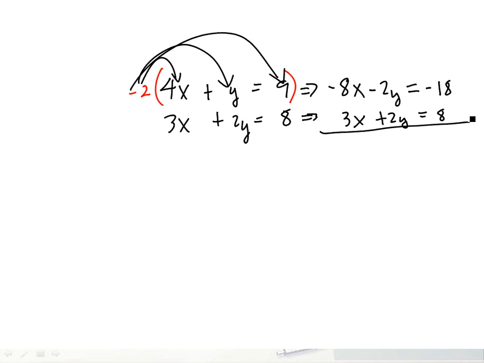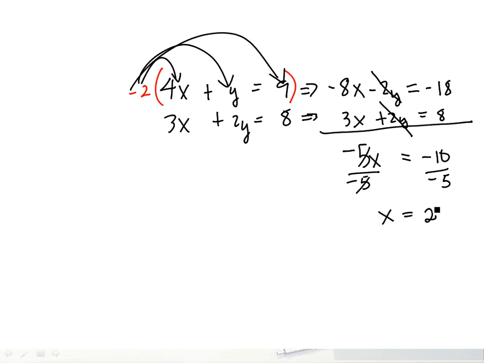And then add the two equations together. Now here, the y's is what we wanted to eliminate, and they did. Okay. So we have negative 8x plus 3x is negative 5x equals negative 10. Divide by negative 5. We get x equals 2.